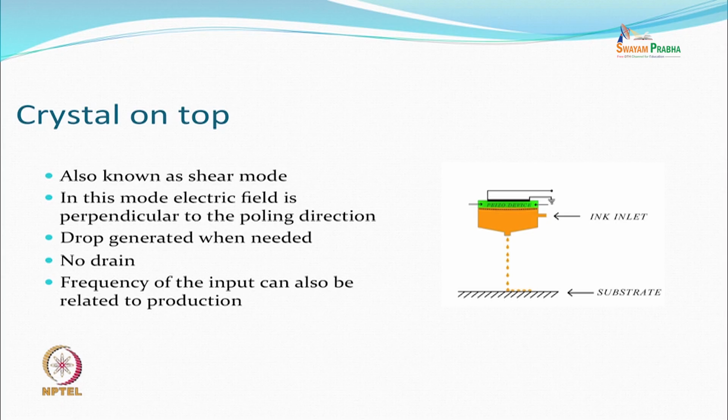The frequency of the input can be varied, and this frequency will definitely be related to production. And production in inkjet would be considered as how many drops have been produced in a given time. We can always say that the production is in terms of how much ink has been consumed, so the frequency with which it is operating would finally decide the production.